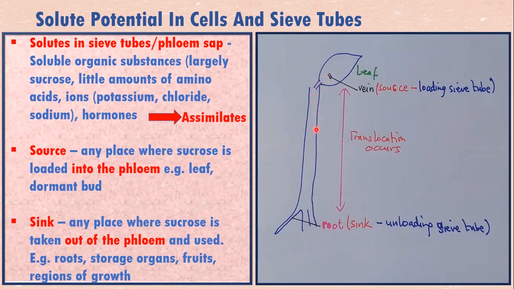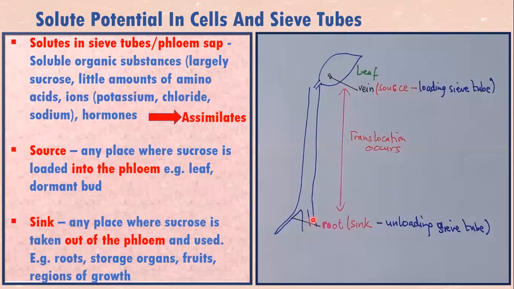Then we look at another term, sink, and the sink is any place where sucrose will be taken from the sieve tubes and used in cells. And sinks are usually roots, storage organs, fruits, and regions of growth. So sinks are areas where sucrose is removed from the phloem. And when sucrose is removed, it will be turned into fructose and glucose and turned into other substances.